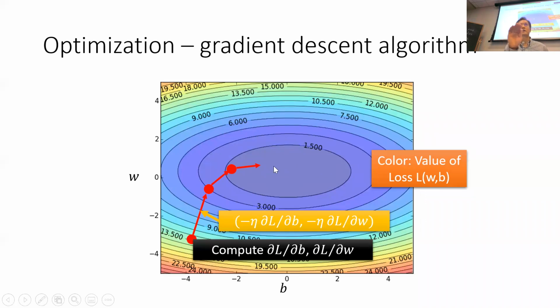After that there's no change because this value becomes too small, and there's no further improvement for L, then you can stop. At that time, the values of beta, B and W, are your solution.